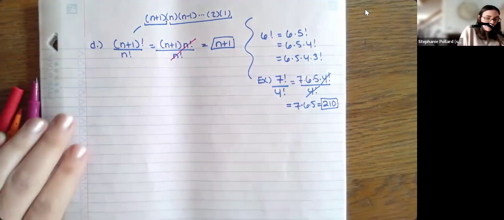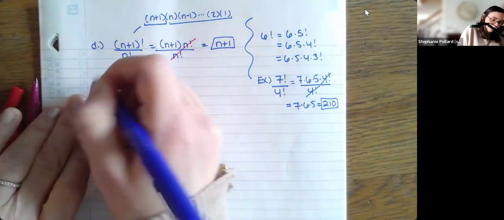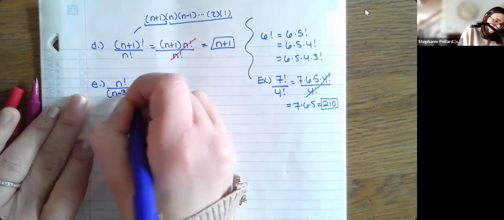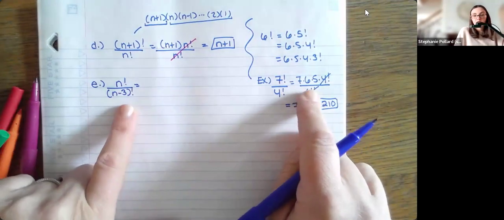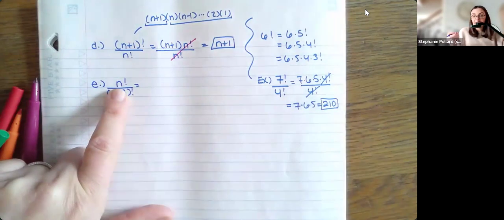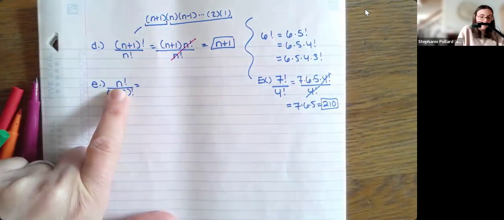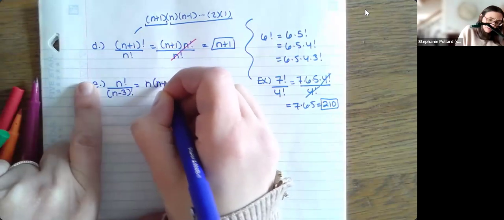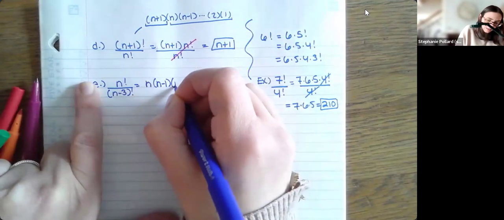All right, one more example here, n factorial over (n minus 3) factorial. This is going to be similar to this one, where I can pull off those ending terms for the factorials. So the first one is n. The next one will be n minus 1, just going down the line, then n minus 2.